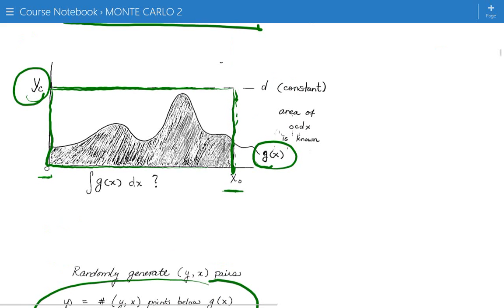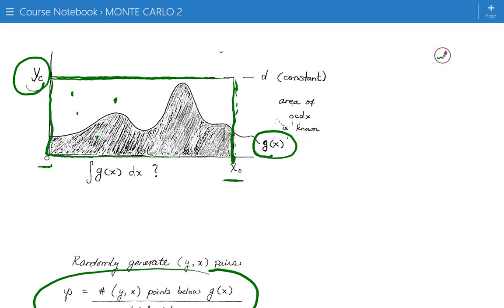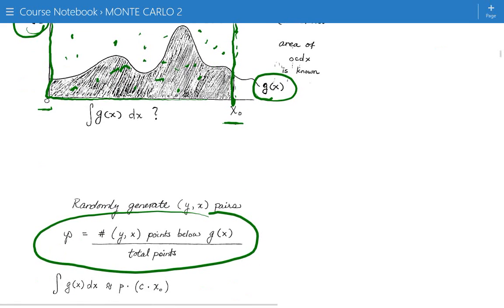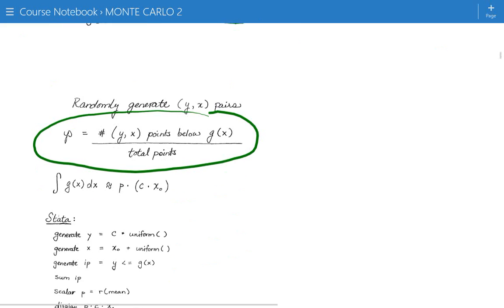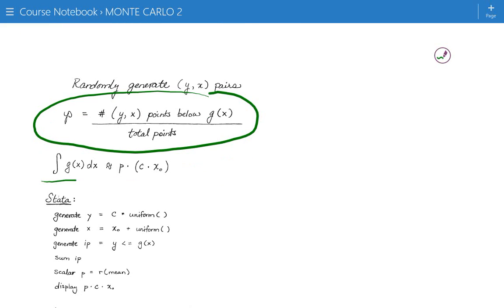So I randomly generate xy points, and I get various points here, and I ask what proportion of the points fall below my curve, which would be the area under that curve relative to the overall area.